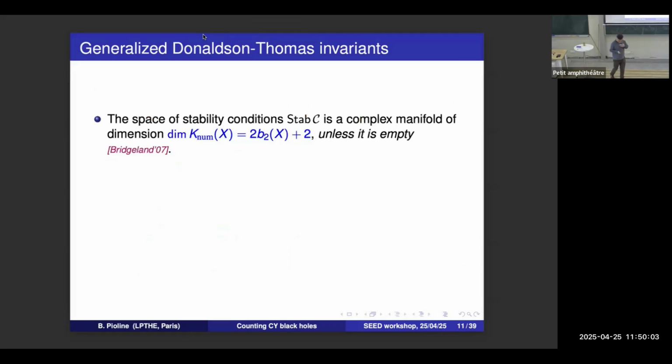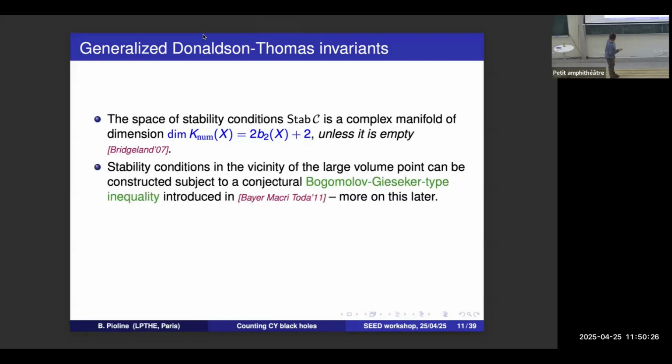What Bridgeland has shown is that this space of stability conditions is very well behaved if it's not empty. That's the tricky part. But if it's not empty, it's a complex manifold whose dimension is just the dimension of the lattice. Locally, you have to specify the central charges for every basis vector of that lattice, and then you can deform them away while preserving the axioms.